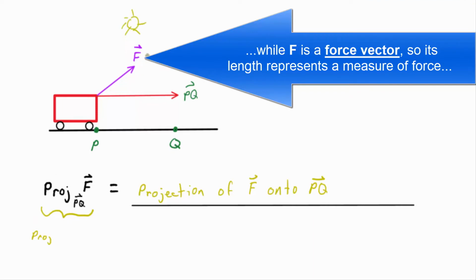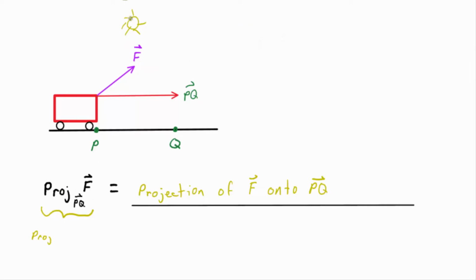It's right above, and it's shining straight down. Then the projection of F onto PQ is the shadow. So if you project this tip straight down, so that dotted line segment is orthogonal or perpendicular to PQ, then the vector in blue is the projection of F onto PQ.